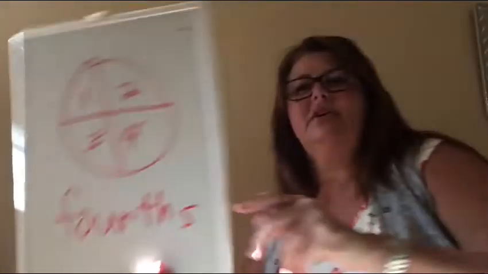This is in fourths. Why is it in fourths? Because it is in 4 equal pieces. Look at the top of page 582. Where the rectangle was broken into 3 equal pieces, that was thirds.